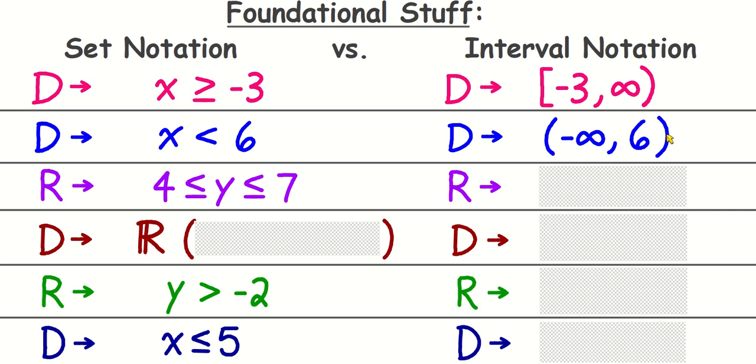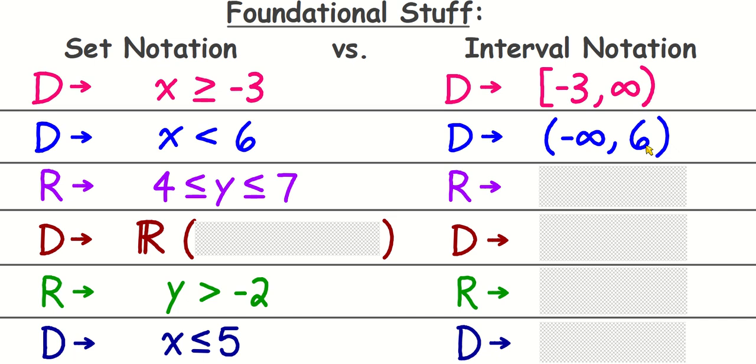But a parenthesis means we are not literally including 6 in that list, because over here it's everything just less than 6. So that includes numbers like 5.9, 5.999, 5.99999, literally everything less than 6, just not 6.